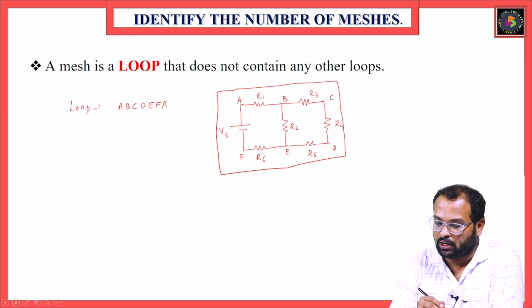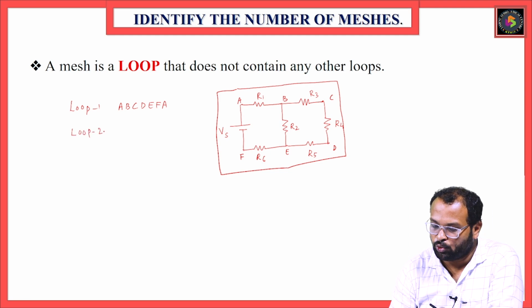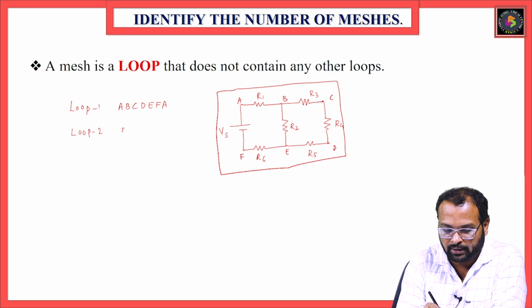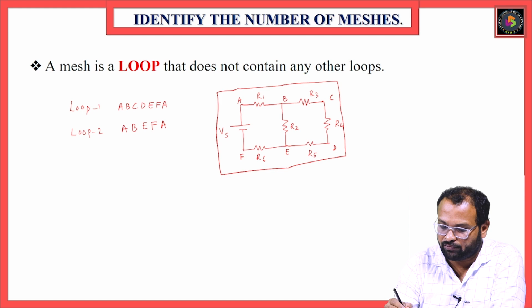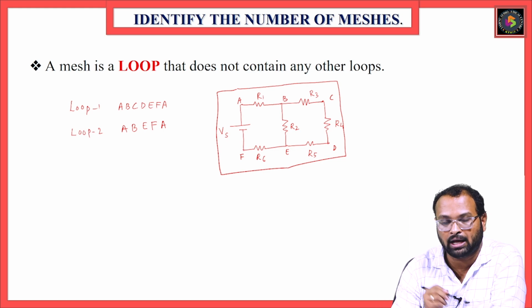Coming to any other loops, I will write one more loop, loop 2. What loop 2 can we make? If you see here, A, B, E, F is also a loop. It starts from A, B, E, F, A. We are not passing any element twice, so we can consider this one as a loop.